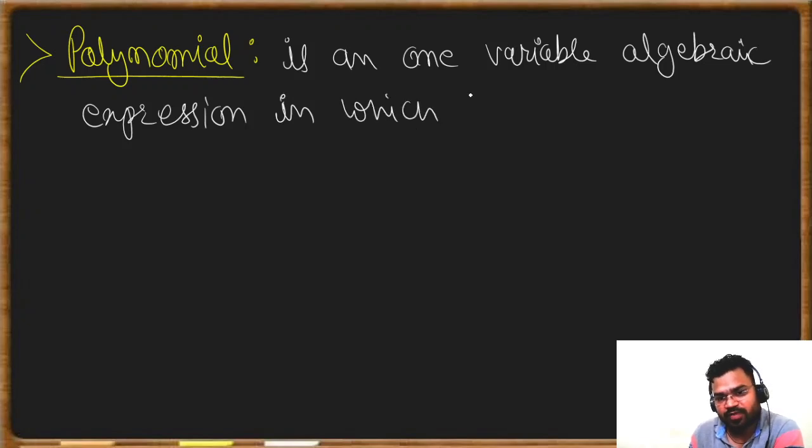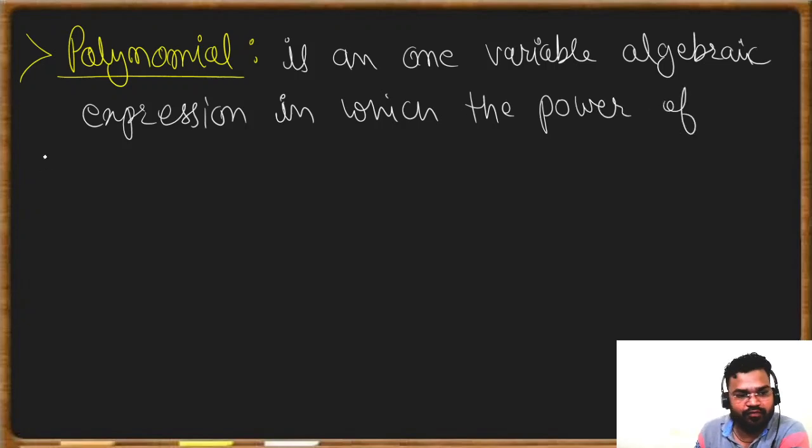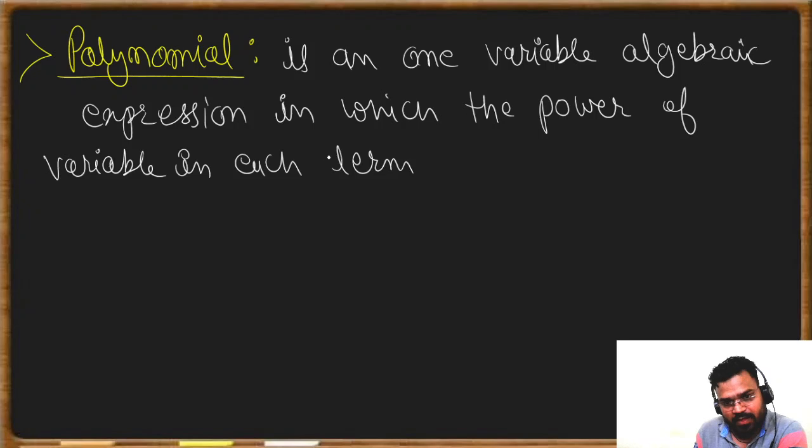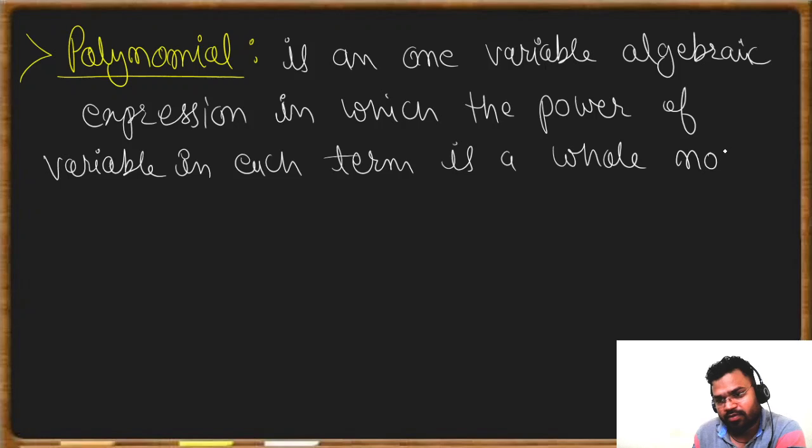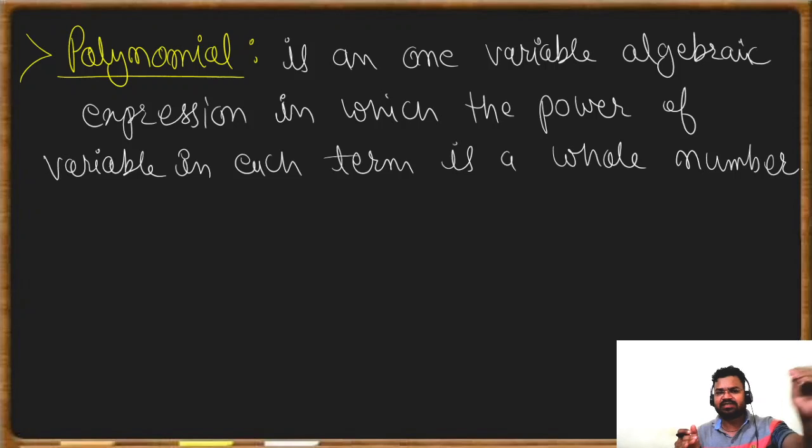in which the power of the variable in each term is a whole number is known as a polynomial.